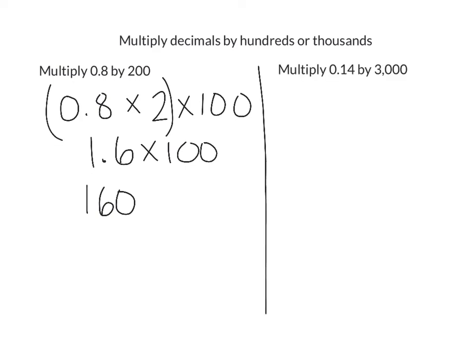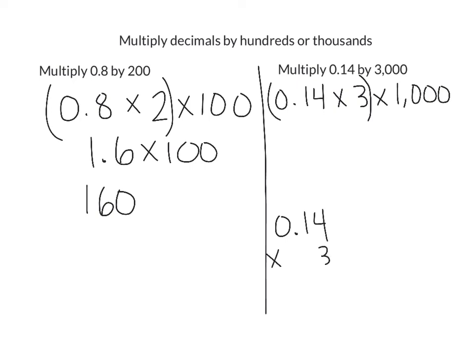We can use the same process if we multiply by a multiple of 1,000. We're going to break apart 3,000 into 3 times 1,000. So we have 14 hundredths times 3 times 1,000. We're going to group together 14 hundredths times 3. 3 times 4 is 12. 3 times 1 is 3 plus 1 is 4. 3 times 0 is 0.